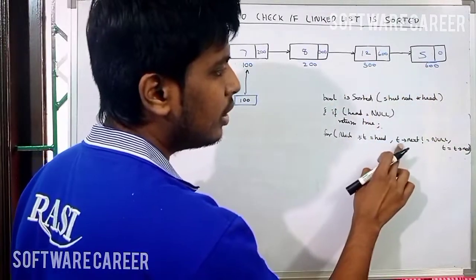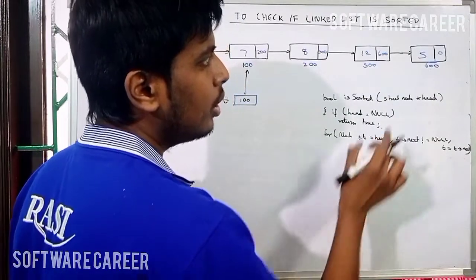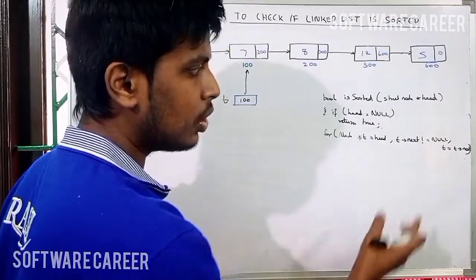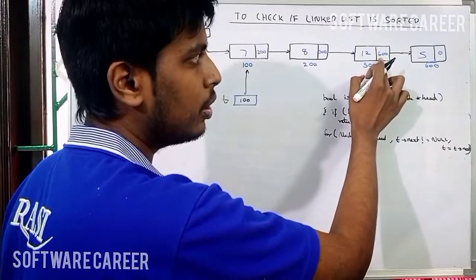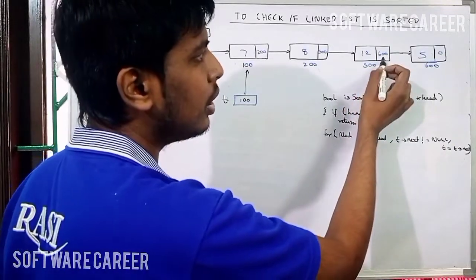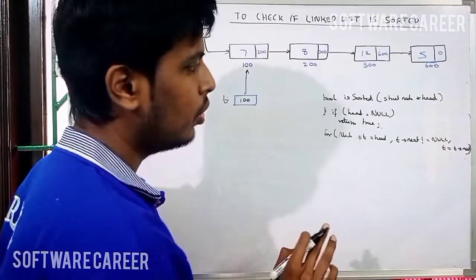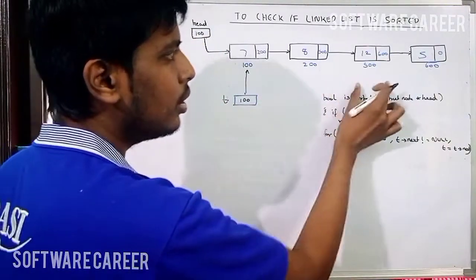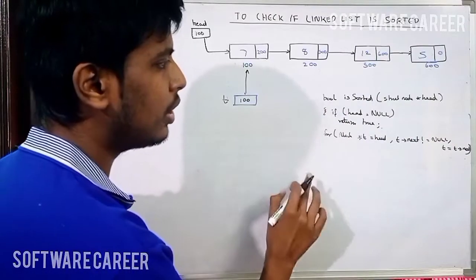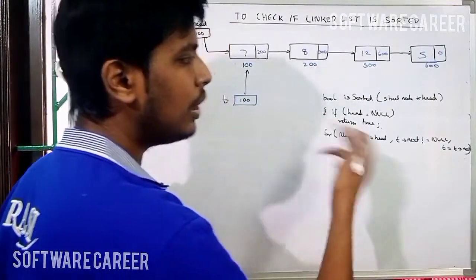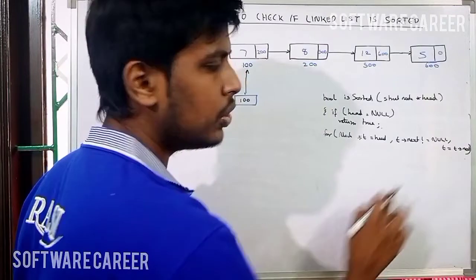So I am writing: till t next not equals to null. That means till the third node, because here t next is 600, it's not 0. So t will travel till the third node. Then how will I travel, in what interval? t equals t next.